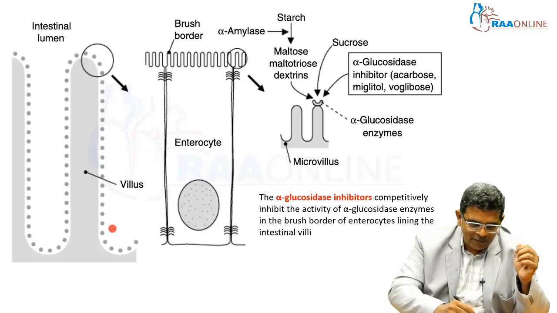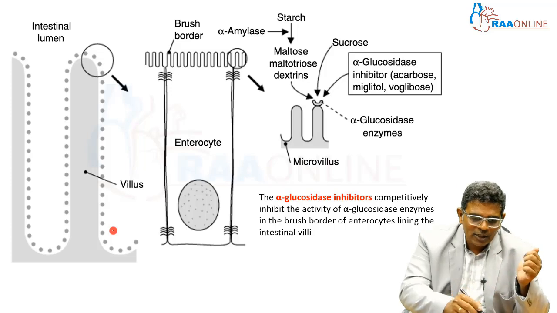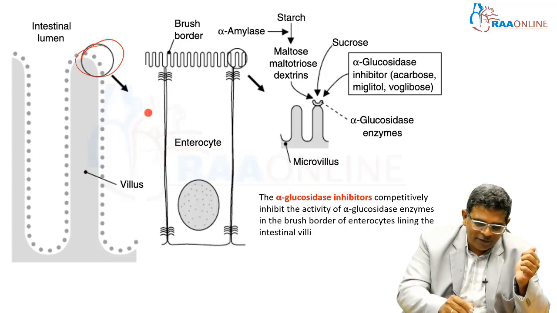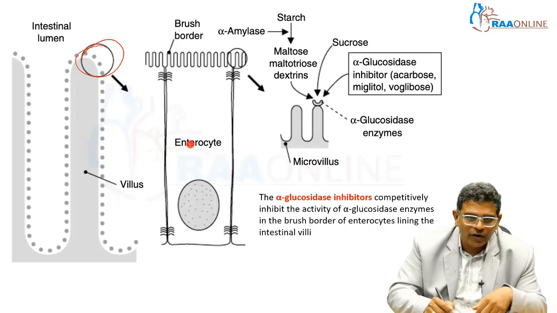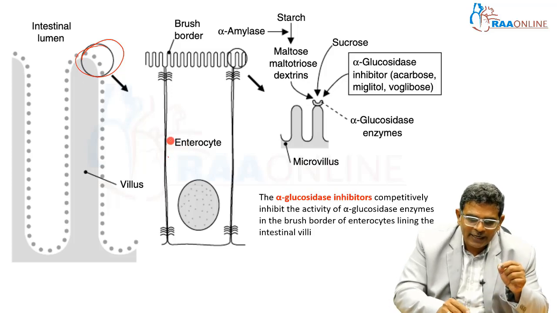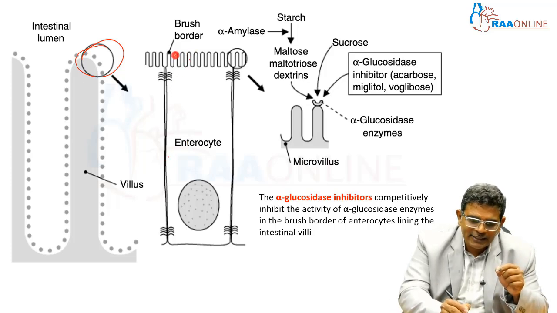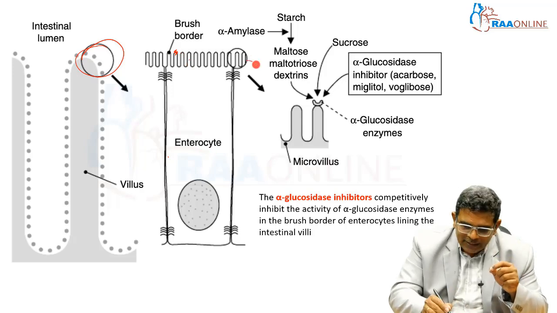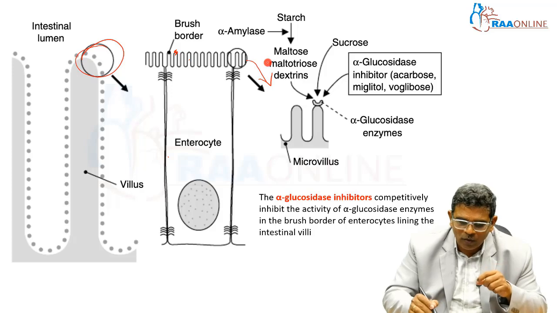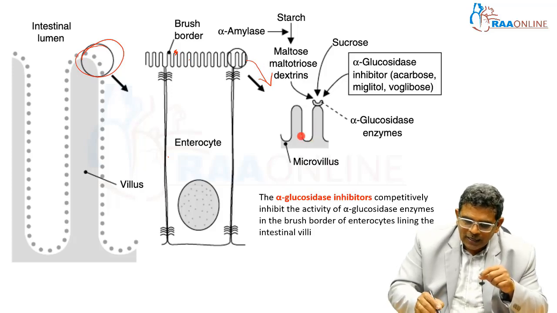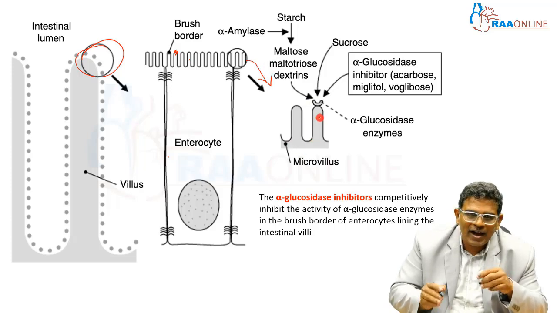You have the villus, which is present in the small intestine. This part of it is enlarged and shown beautifully over here. We have the enterocytes, which are the brush border cells, and these are the luminal side of the enterocytes. This image is expanded further over here, showing the microvilli where the alpha glucosidase enzymes are present.